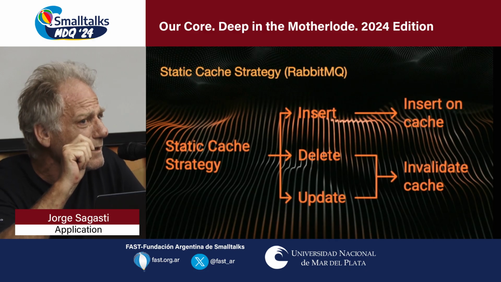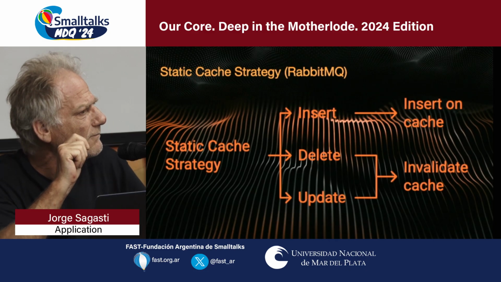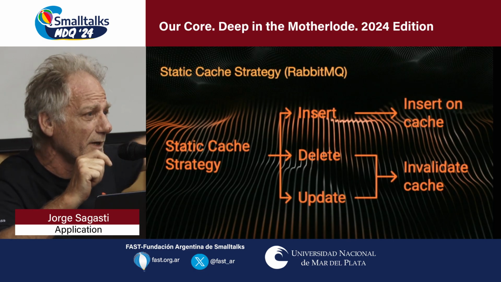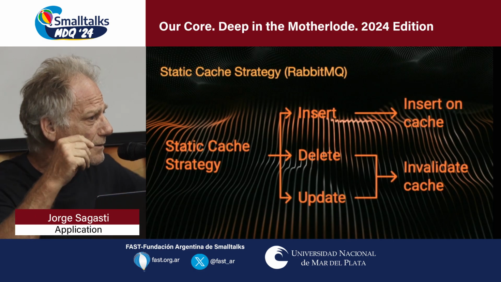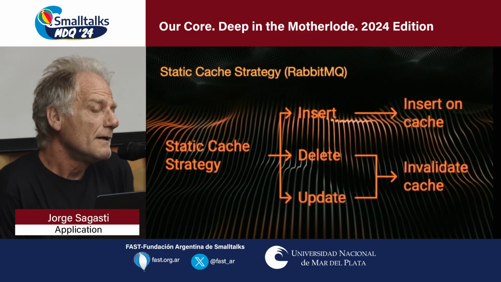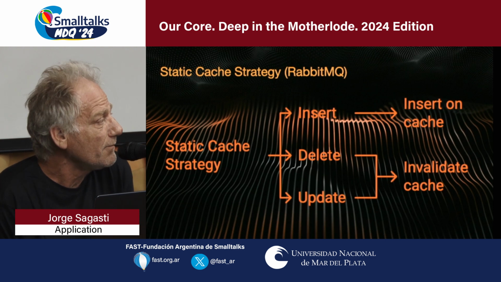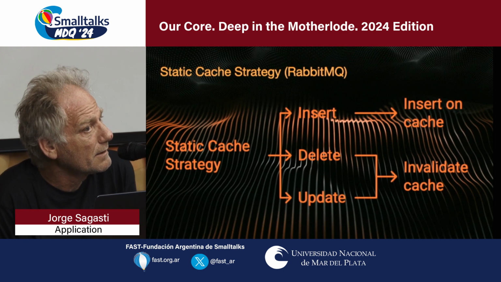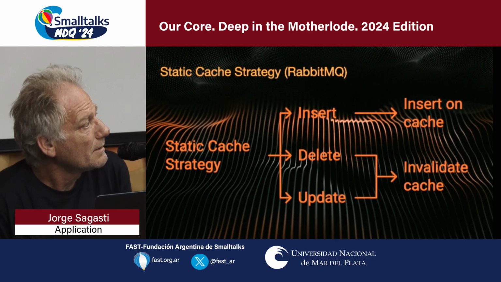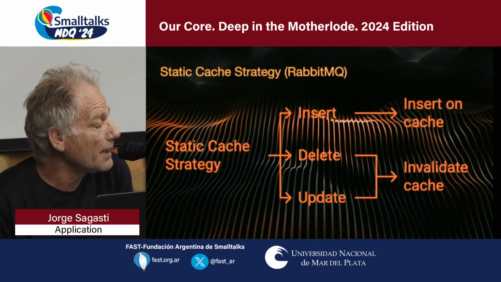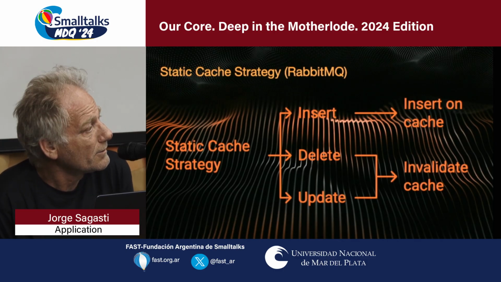You could ask me, why don't we use Redis, for example? I don't have that question here, so I'll answer just in case you don't remember to ask me about it. We use memcache because it's a key value store, and we just store the key, that is our object ID, and a serialized object as the value.